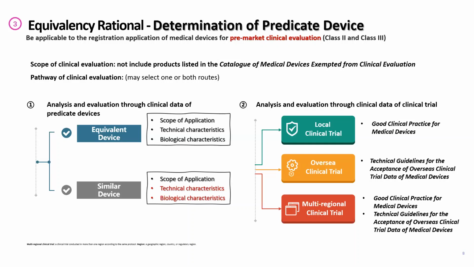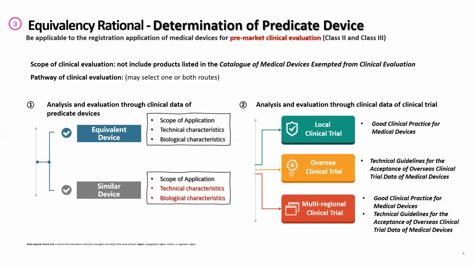So in the template of the clinical guidance on how to draft the clinical evaluation report, it gives us two choices for the clinical evaluation pathway. We can choose either one, or we can choose both of them.